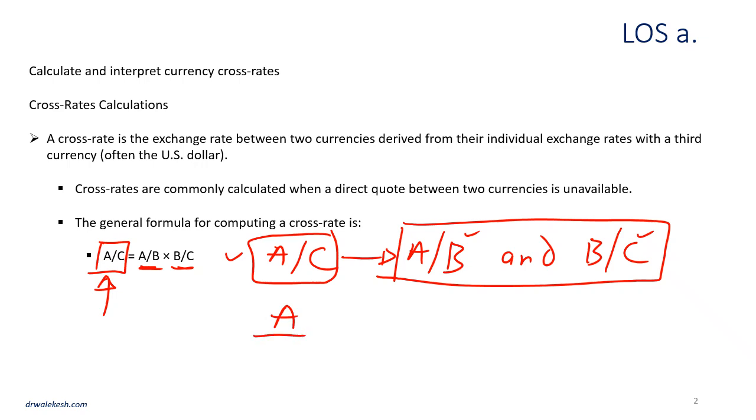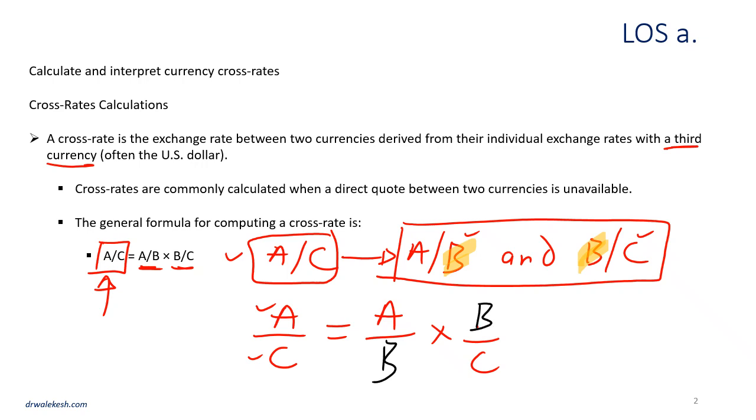So A per 1 unit of C would be equal to this, which is A divided by a question mark, times a question mark divided by C. So the third currency here is currency B. So I can change this to B, and I can also change this to B. So this cancels this, and I will end up having A per 1 unit of C. But my aim is not to cancel them out.